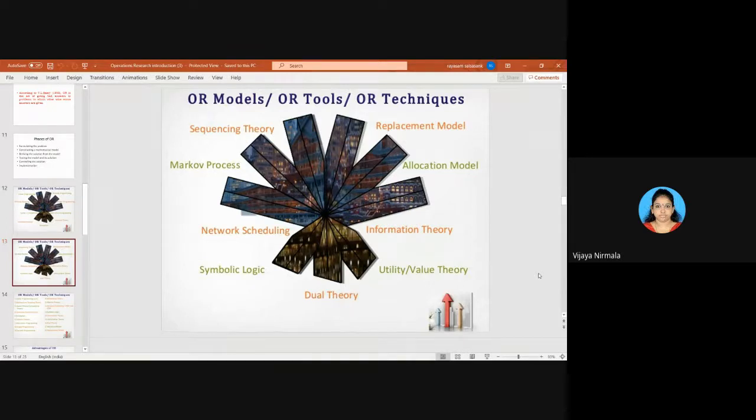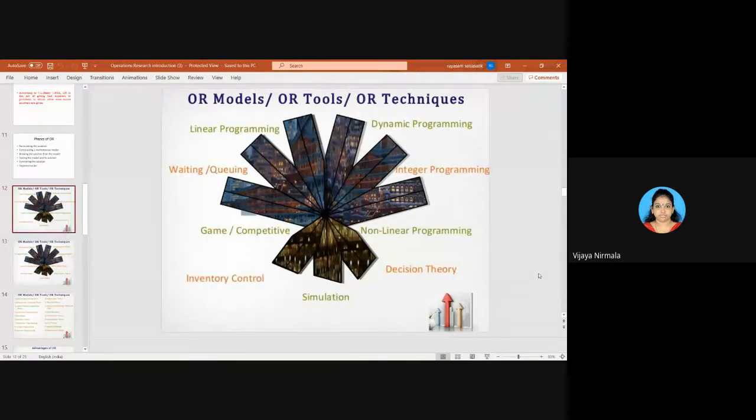So how many models are there? 9 plus 9, 18 models, the total OR models.